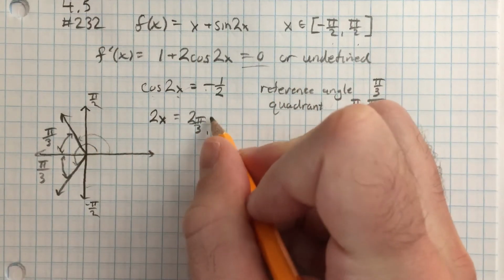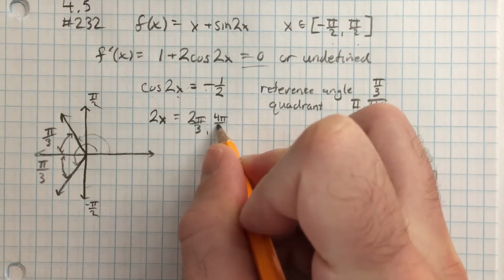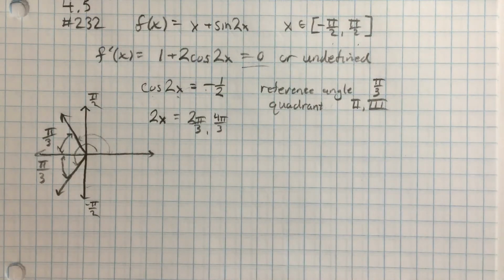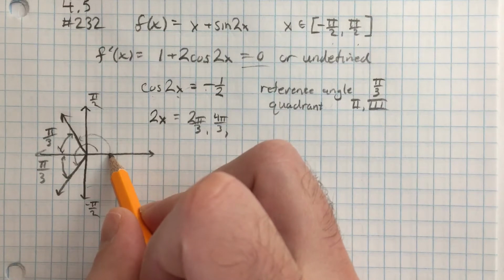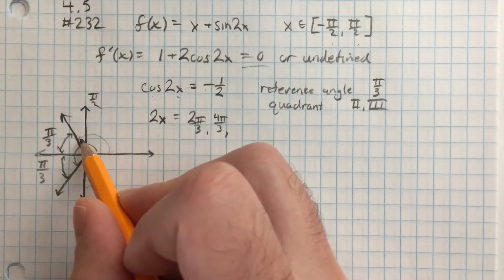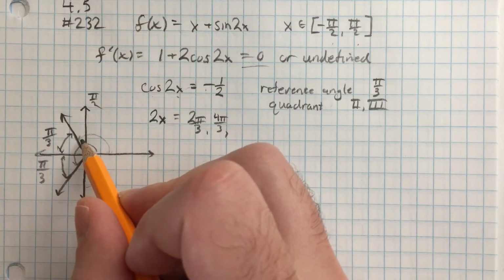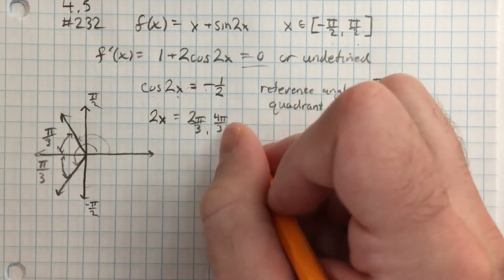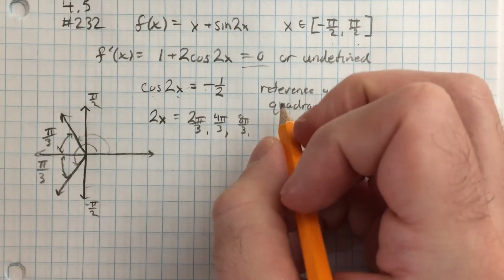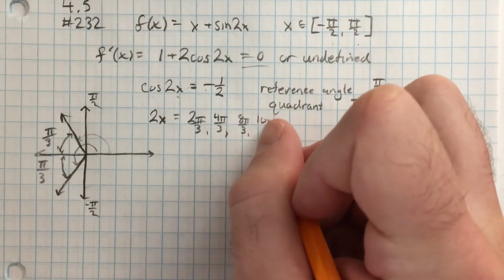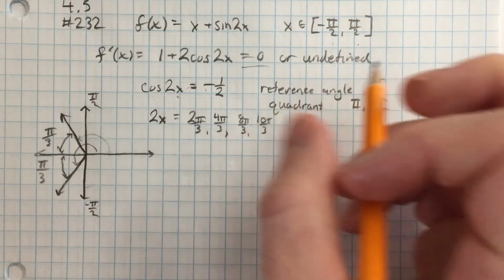There's 4 pi on 3. And you just keep going. The next one would be all the way around, so 2 pi plus another 2 pi on 3 would be 8 pi on 3, and then another 2 pi on 3 would be 10 pi on 3, and so forth. We don't need that many, probably.